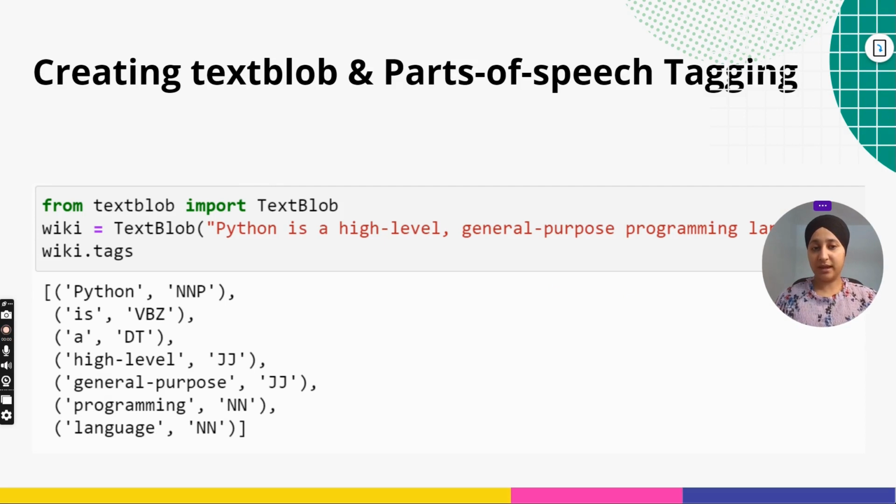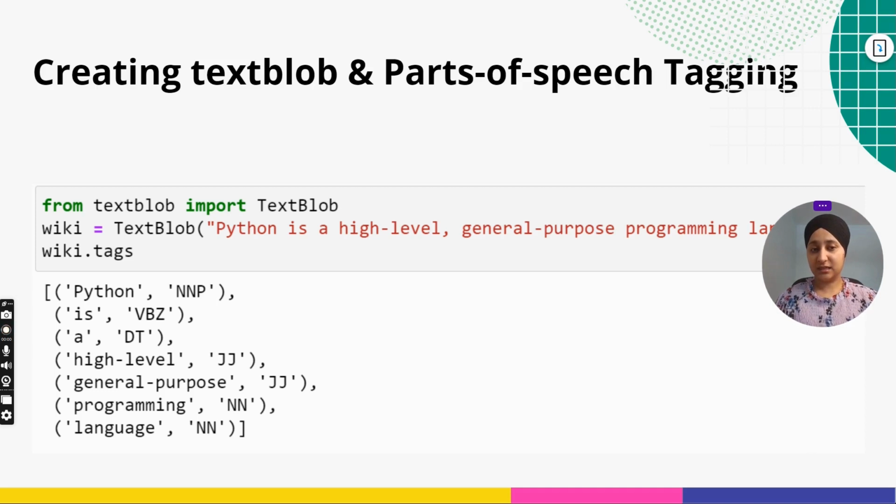So TextBlob is a package and we are importing the class TextBlob from the package textblob, and then we are going to use it. In the second line you can see wiki is a variable and TextBlob is a method in which I have passed text as an argument. Now I am using wiki, which is a variable. You can see in line number 2 dot tags.